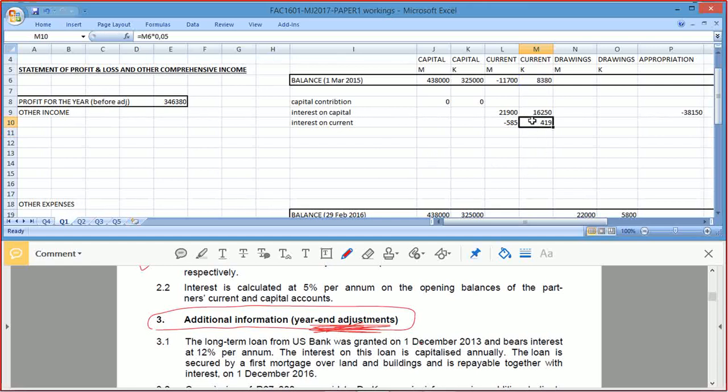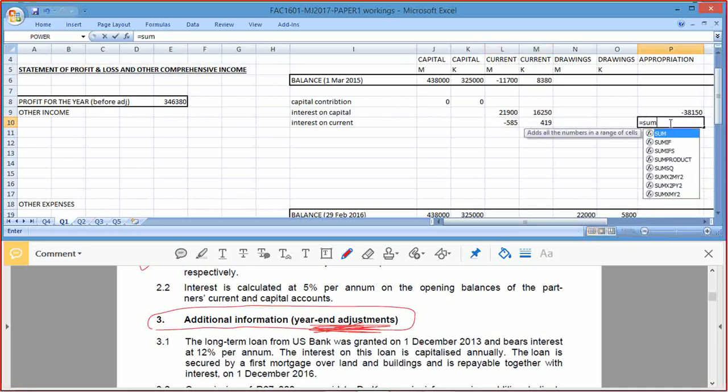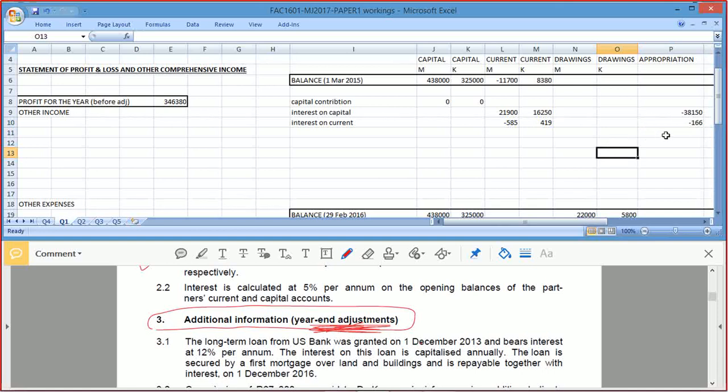Do you agree? Yeah. And now the net effect is going to be what? The difference. Okay, for appropriation. Right, so the one pays the partnership something, the one receives something from the partnership.